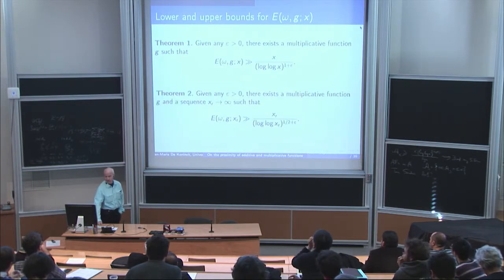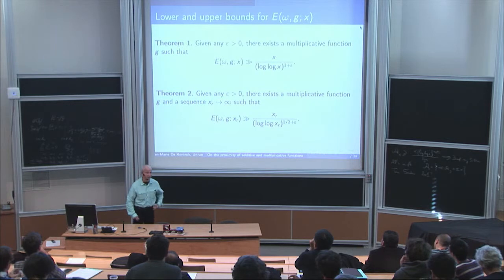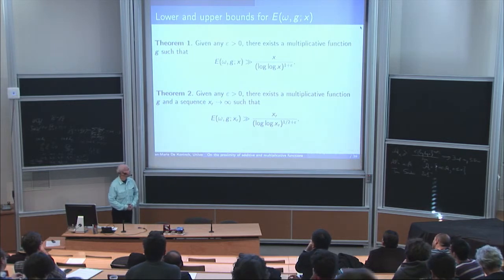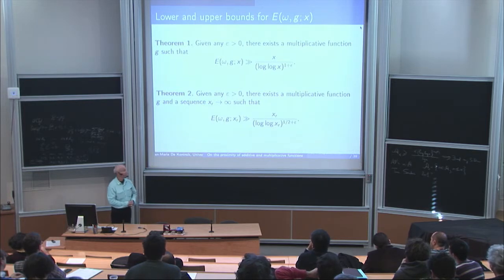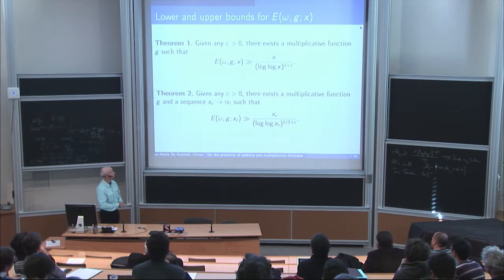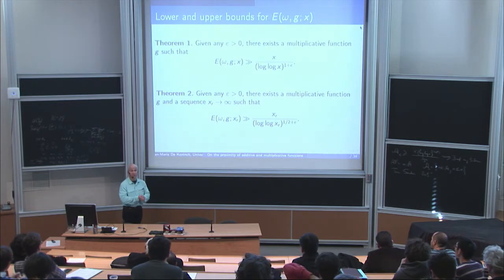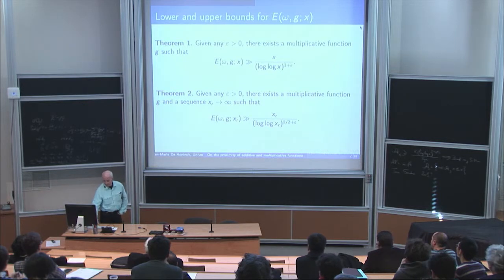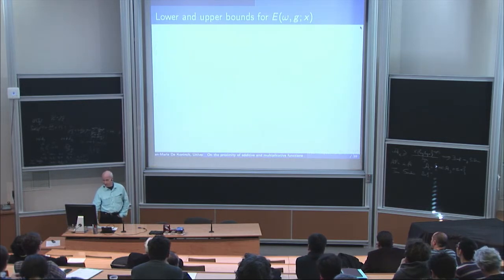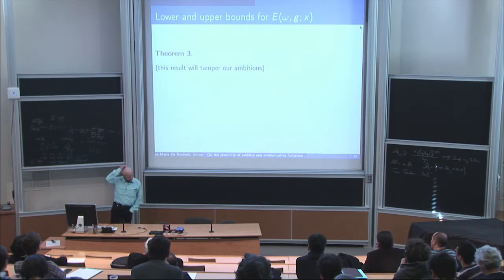The second theorem tells us that we can find a much bigger lower bound, but it doesn't work for all x. It works on a particular subsequence of real numbers which tends to infinity. The third theorem I will not state now because you're not psychologically ready for this.